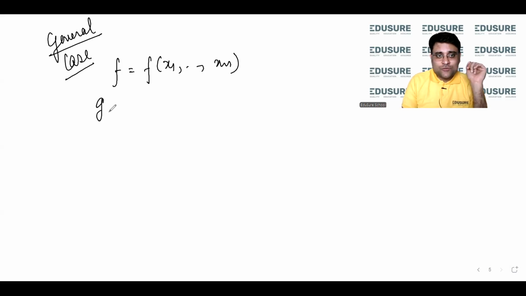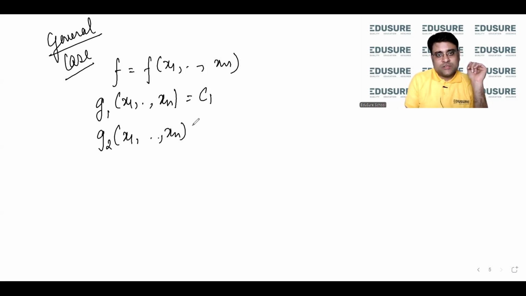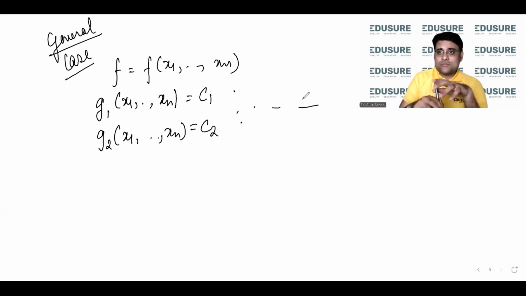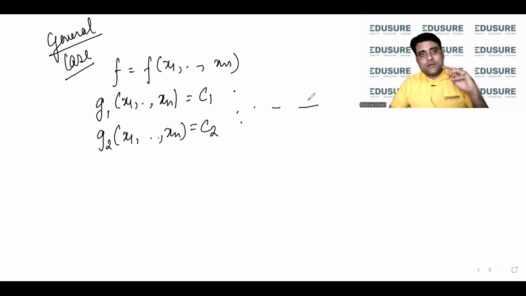Okay, so first constraint, I call it g1 is equal to say c1. I'll get g2 is equal to c2. So you have multiple constraints that are possible. Okay. This can be seen by looking at this.